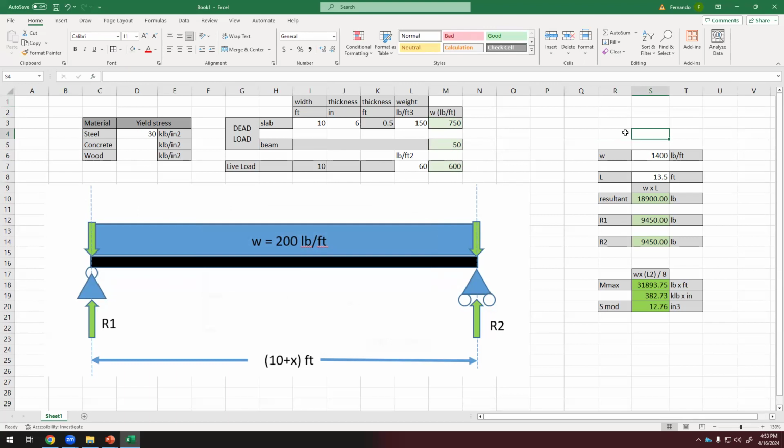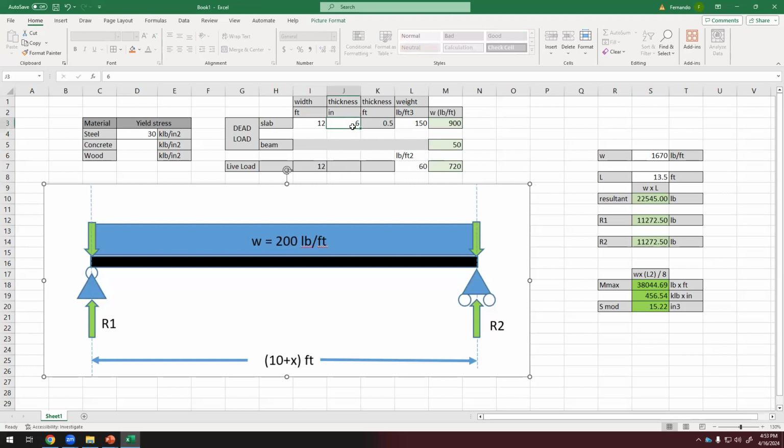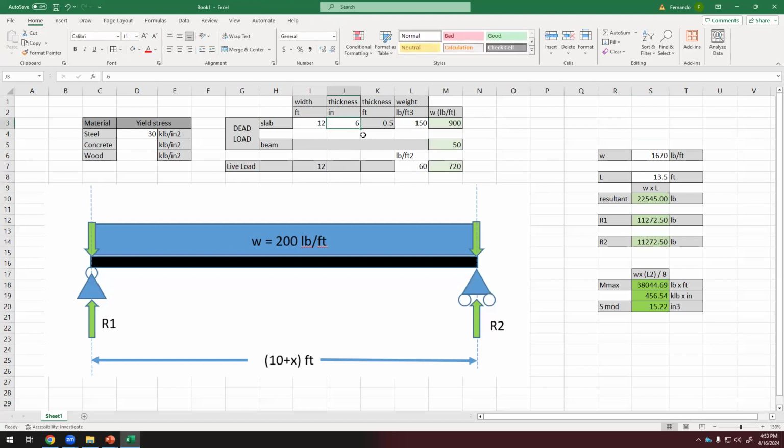If we change the width, imagine that we don't have 10 feet between the middle of these 2 beams and the midpoint of these 2 beams. I have 12. So I change the width, 12. If I change the thickness, it's not 6, it's 4. Everything changes, the section modulus. Okay, so I don't have to do it again.